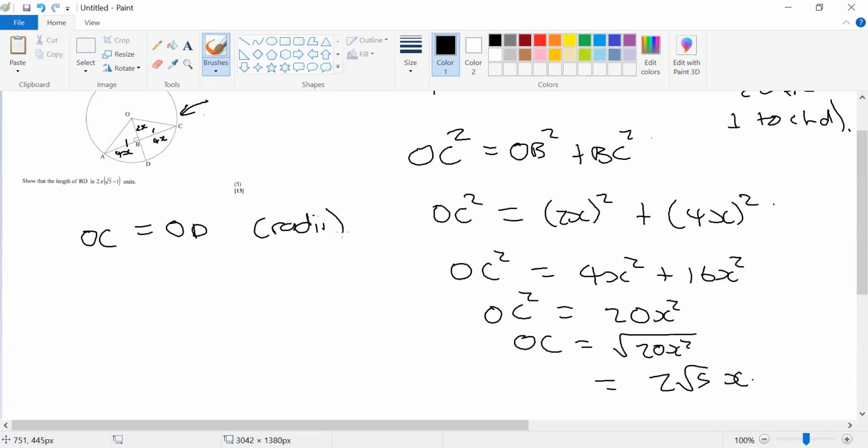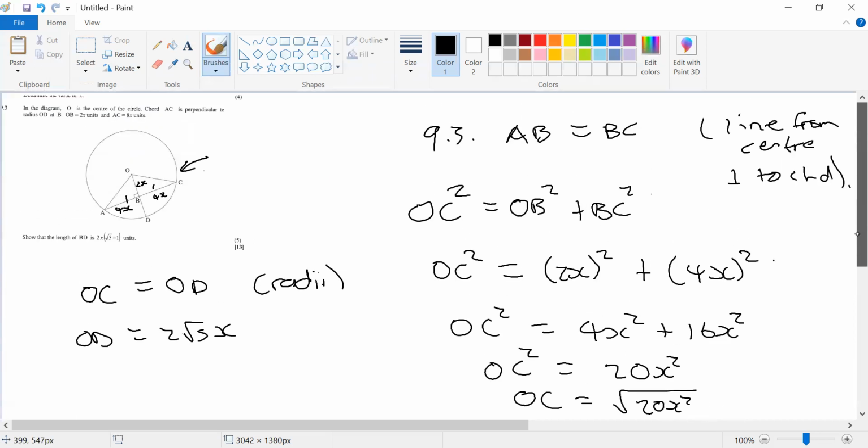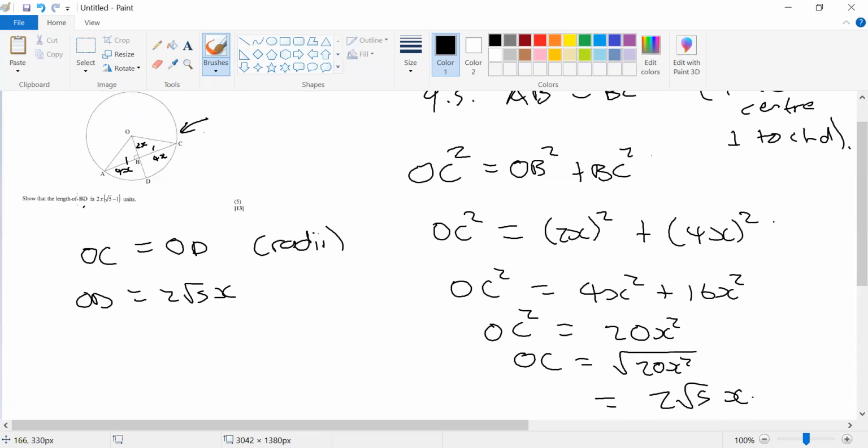And because of that fact, I can say that OD is equal to 2 root 5x. But the question wants me to figure out what BD is. And I can see that on line OD, I do have BD there, because OD is equal to the sum of OB plus BD, because that's the two components of my line.